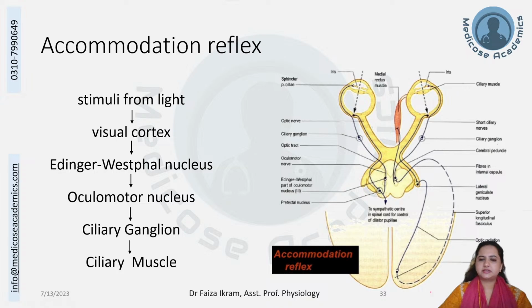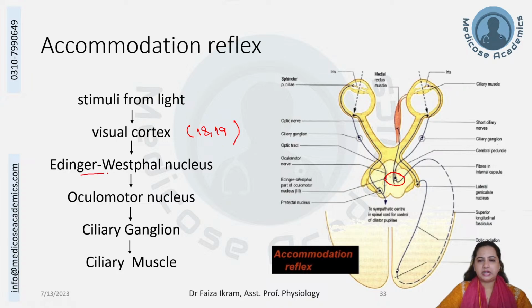When the message reaches the visual cortex, some of the fibers go back to the Edinger-Westphal nucleus from the secondary visual areas, visual area 18 and 19.